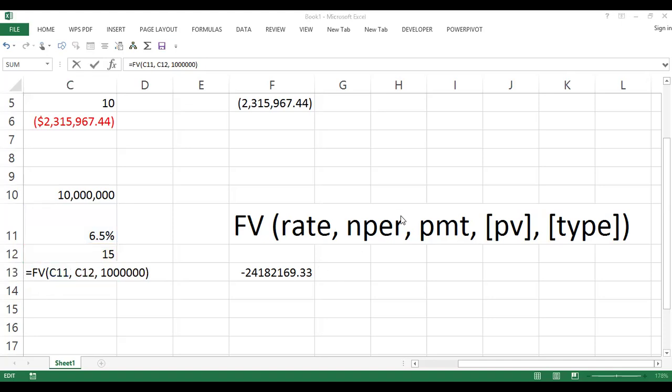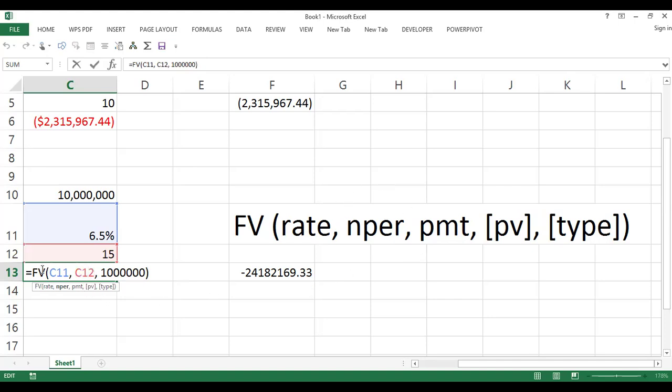See, when you have Excel guiding you, the moment you type equals FV, it will guide you. There's something you should realize here. Wherever you have a square bracket, it shows that the item is optional. So if I enter 3 items, it refers to the first 3, which are rate, number of periods, and payment.